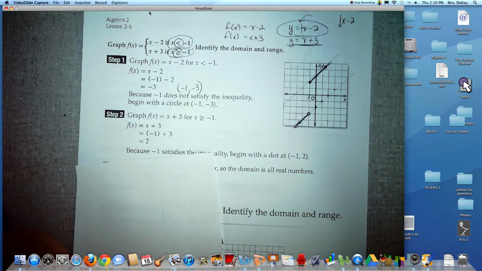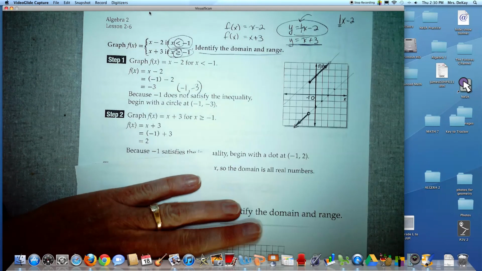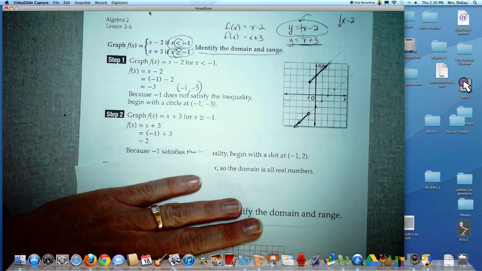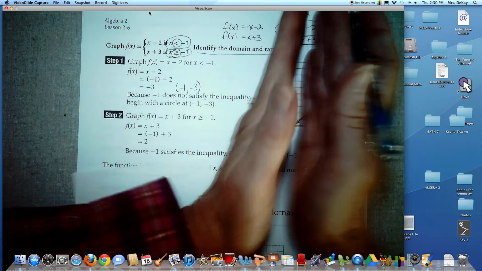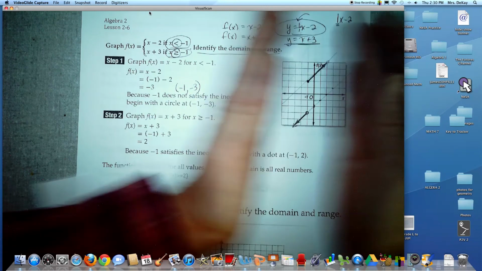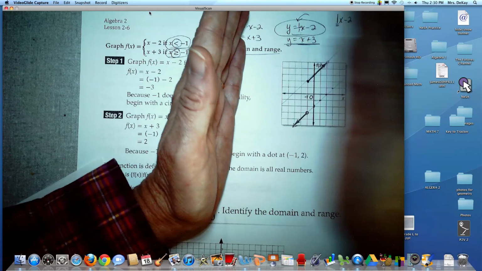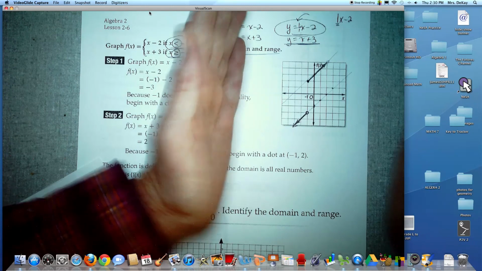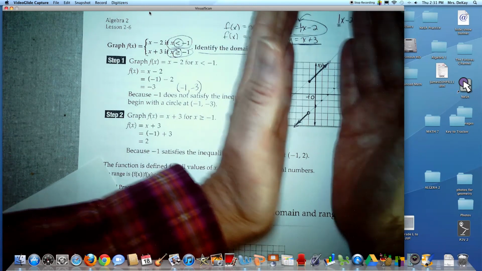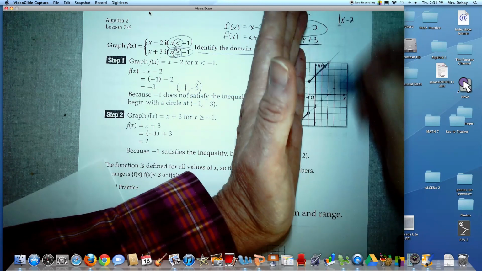All right? So we graphed them. Now it said we had to find the domain and range. Your domain is the wideness of your graph. It's infinite to the left, and it's infinite to the right. Are there any gaps in the middle where a graph does not exist? No. A graph exists right here, but only right there.